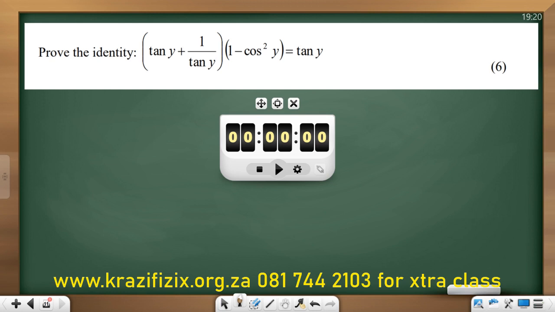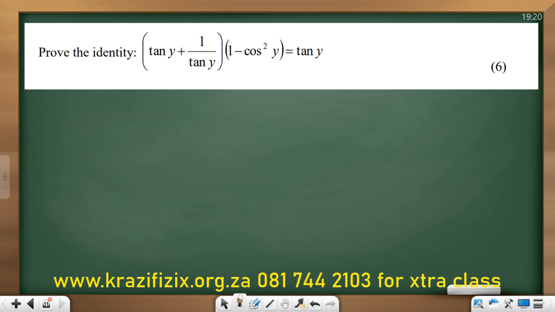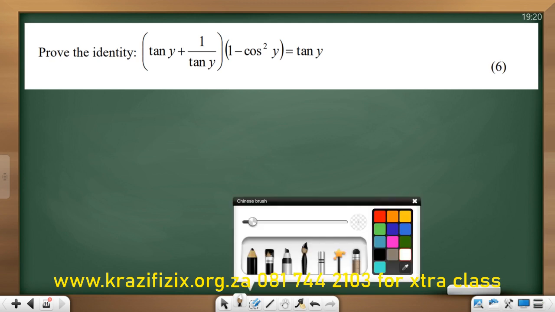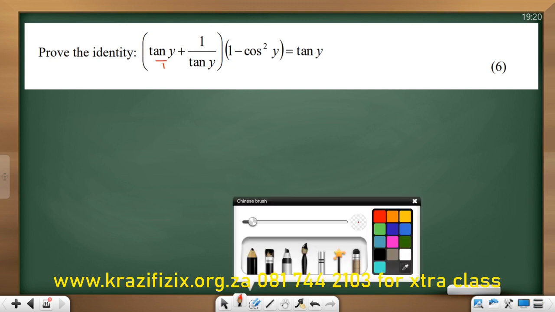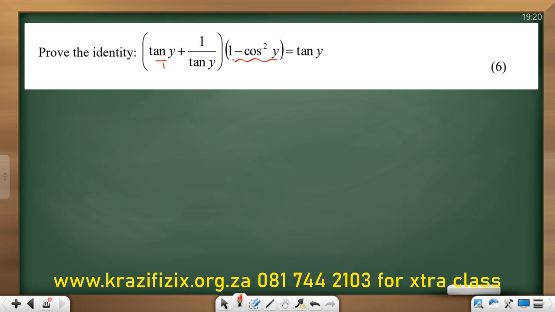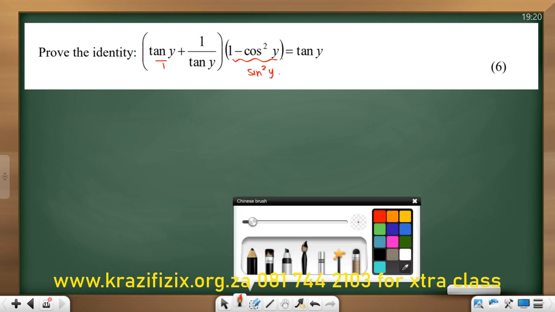All right, so the first natural thing I would do here is to see this as over 1, okay? And automatically that 1 minus cos squared y is actually sine squared y. Let's try to see if that will help us. So, if I use my diagonal, what would I be having?